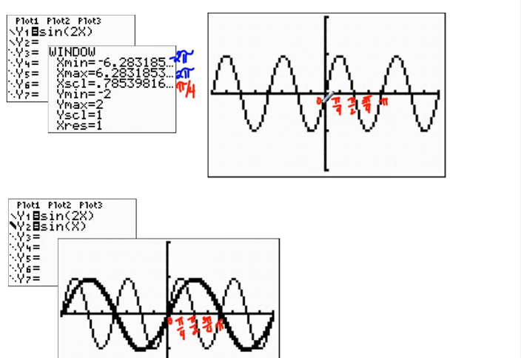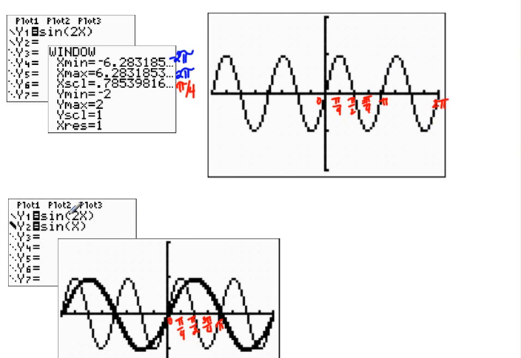So I've started counting those off here. 0, pi over 4, 2 pi over 4, which is pi over 2, 3 pi over 4, 4 pi over 4, which is pi. So you see that between 0 and pi it makes one complete cycle of the sine curve. And then another cycle is completed in 2 pi units.